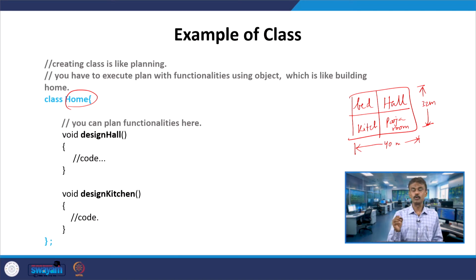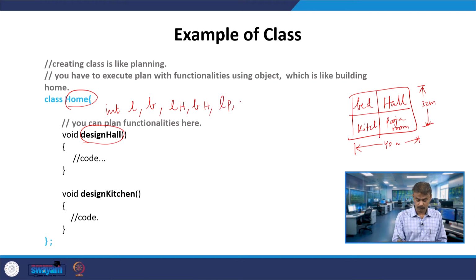Now you have the functionalities. What are those functionalities? You have design hall. Design hall is a functionality. Before that you have certain member data: length and breadth of the complete house, length of the hall, breadth of the hall, length of the puja room, breadth of the puja room.